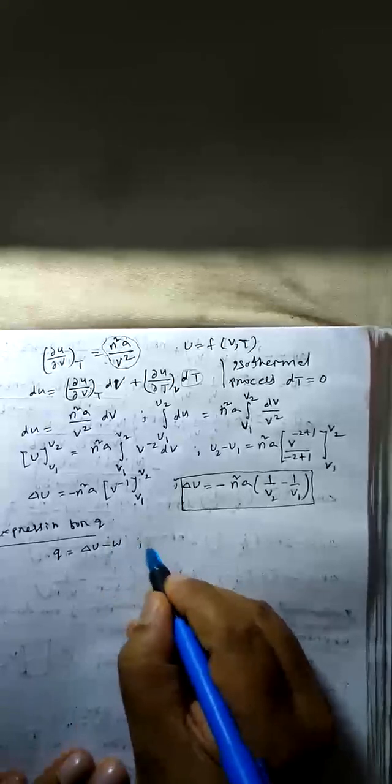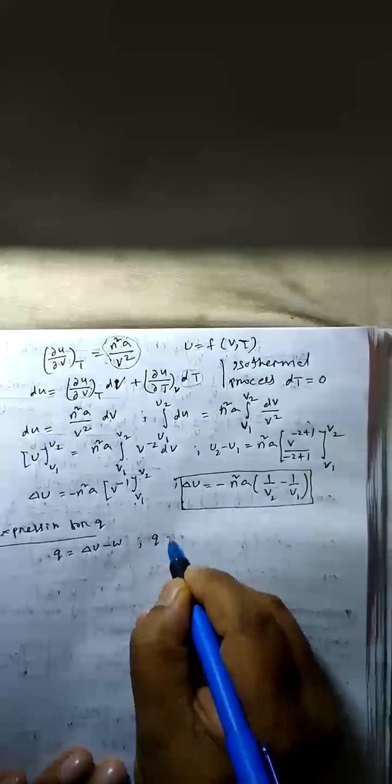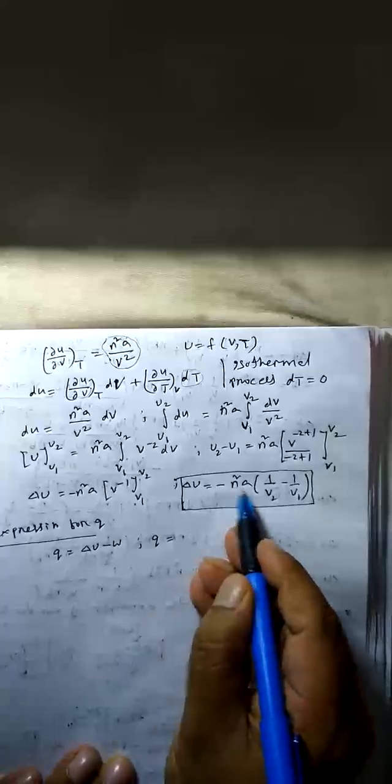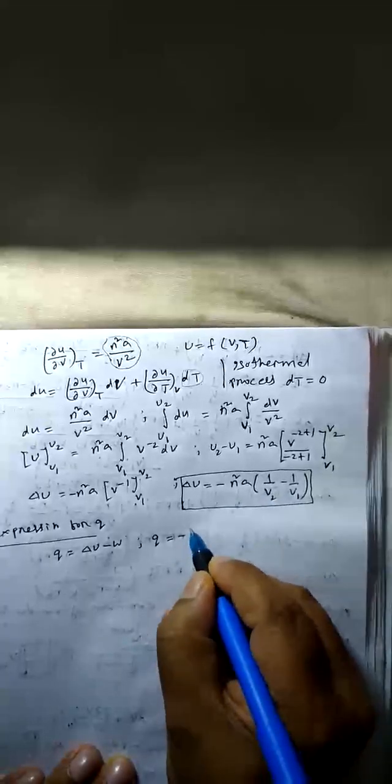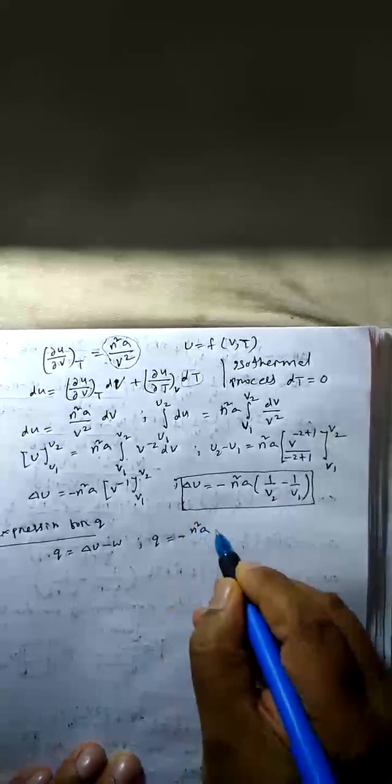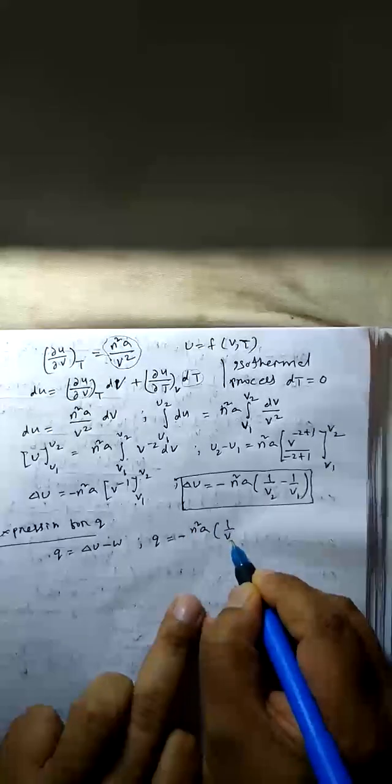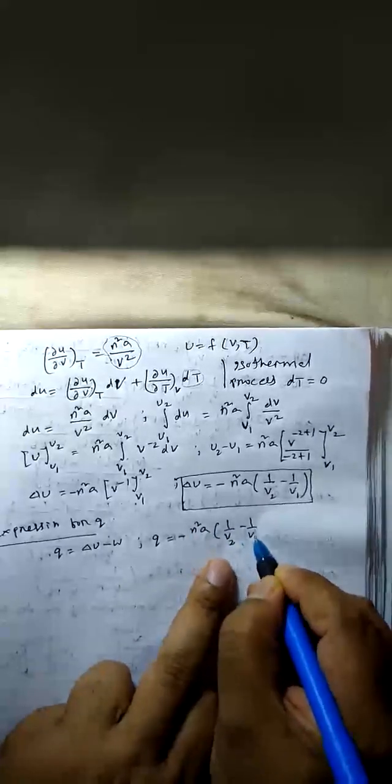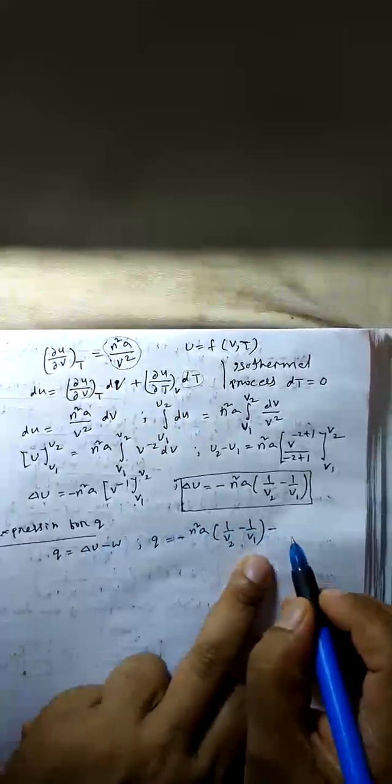Now you put this value, Q is equal to delta U. In place of delta U, put this value minus n² a times 1 by V2 minus 1 by V1. This is the delta U minus W.